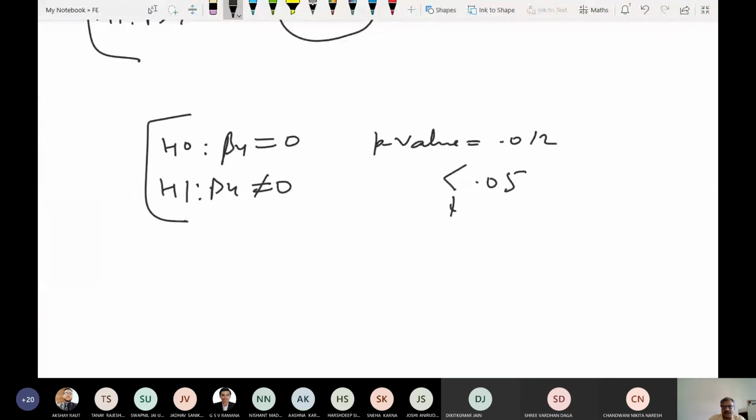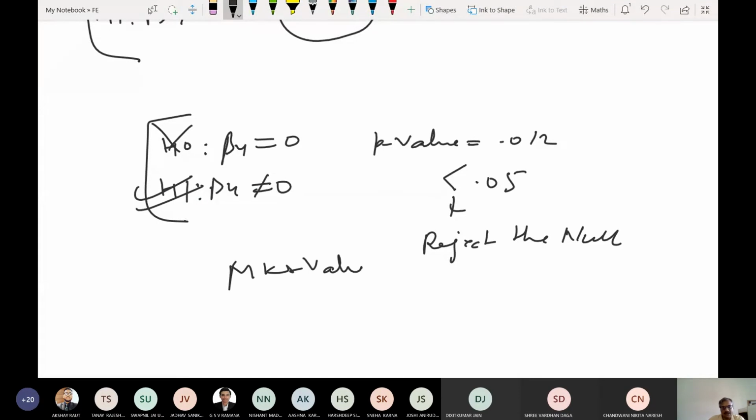So we'll say reject the null. So the fourth variable, the market value, is significantly impacting CEO's salary.